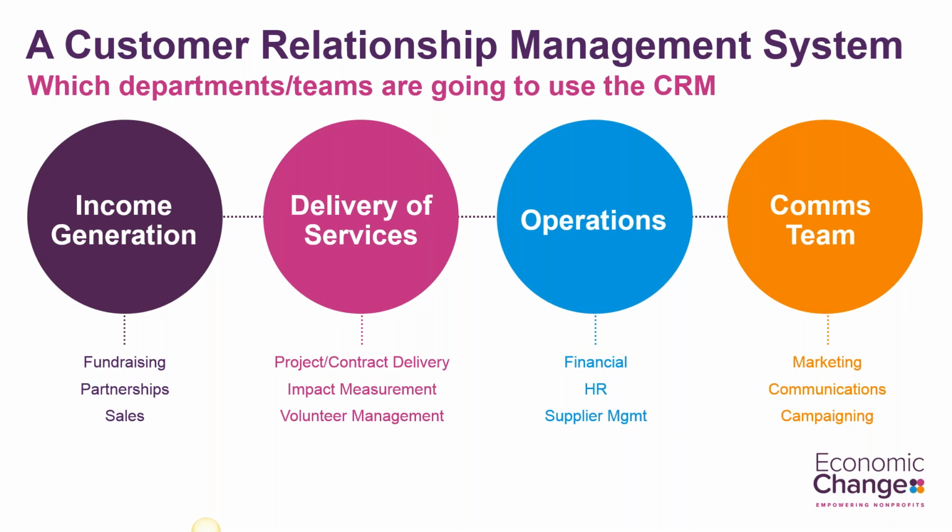HR and supplier management again may overlap with delivery of services or the comms team, and HR is quite internally focused in that sense, but it's again a conversation that needs to happen looking at those areas. And the comms team, who are responsible for marketing, communication, campaigning, might have some specific activities that they manage solely themselves, or they might have a role and responsibility that is really working with the other teams collectively.